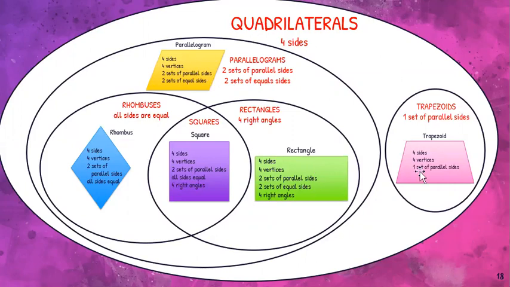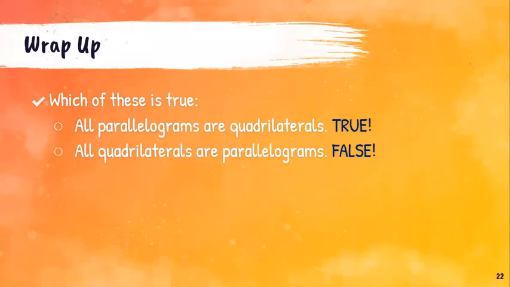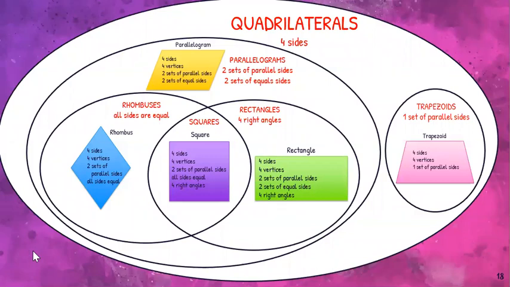But are all of the quadrilaterals parallelograms? No. Which quadrilateral is not a parallelogram? The trapezoid, right? The trapezoid is in that quadrilateral group, but it is not in the parallelogram group.